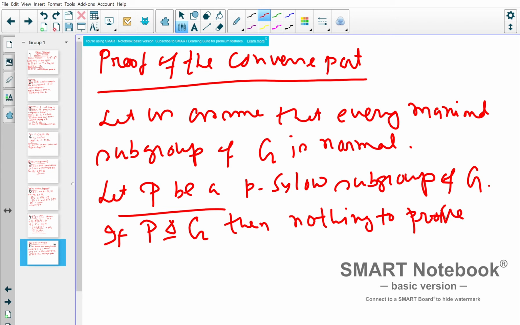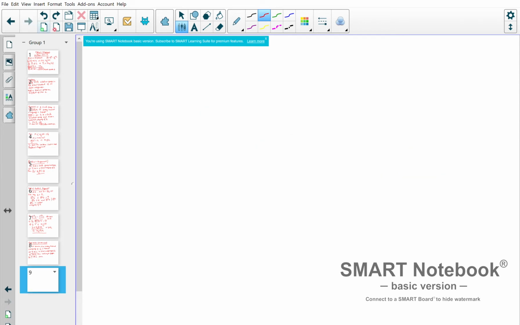If P is not normal, then you choose a maximal subgroup containing P. If P is not normal, you know that P is sitting inside the normalizer of P in G.